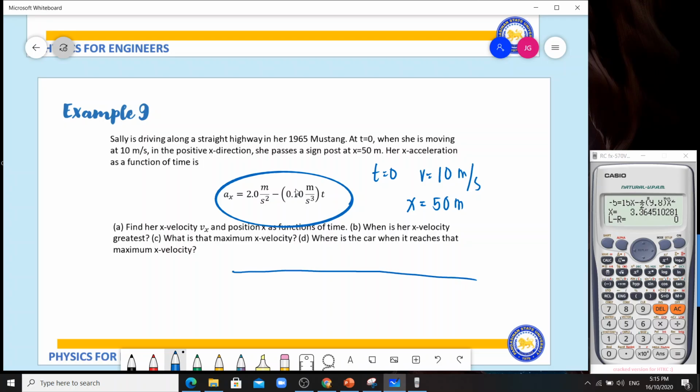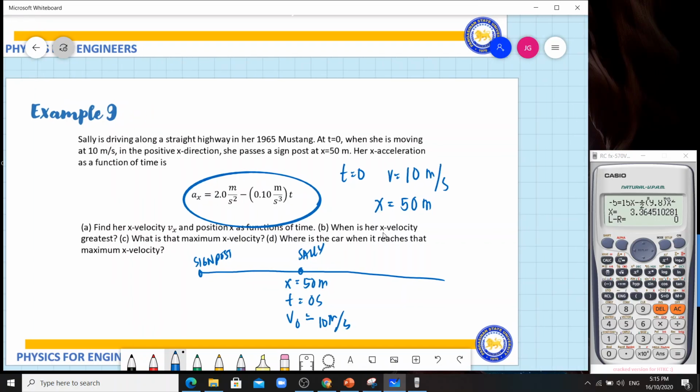At time 0, when she is moving at 10 meters per second, at time 0, ang velocity niya ay 10 meters per second. At ang position niya is 50 meters from the signpost. Okay, so kung i-drawing natin, ito si signpost. Ito si Sally. Ang x niya is 50 meters times 0 seconds. At V0 niya is what? 10 meters per second. Okay. Find her velocity Vx and position x as a function of time.